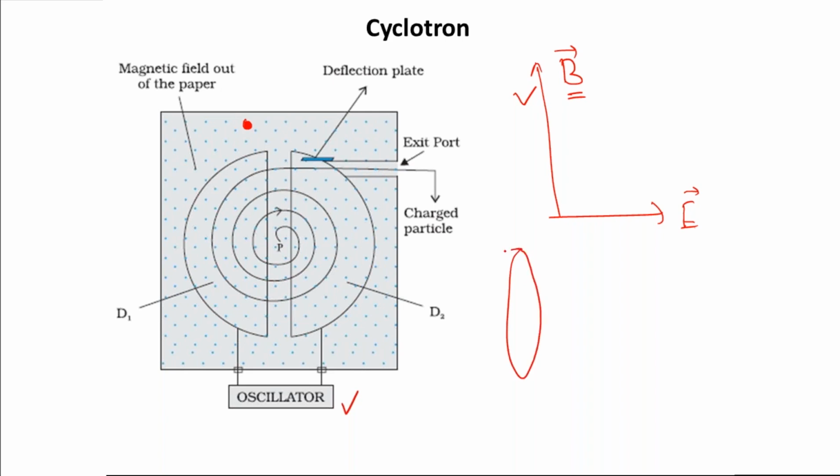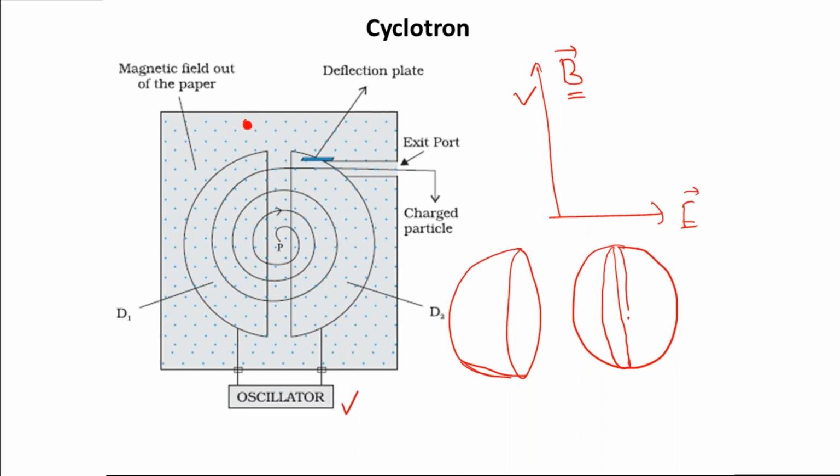One metal container is like this, another metal container exactly of the same size. If you take a sphere and cut it in the middle, that is the structure you get.